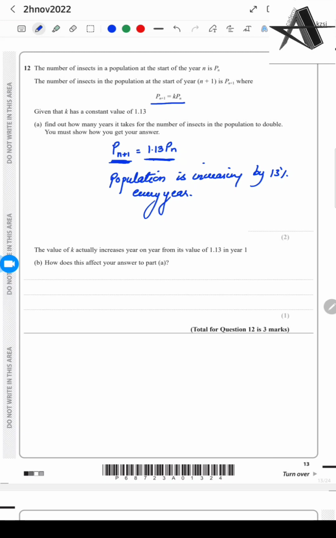Now we have to find when the population finally becomes double. I'm just applying the direct formula of compound interest or depreciation or increment, where it's P times (1 plus R over 100) whole to the power of n.